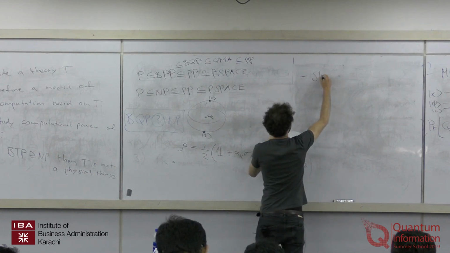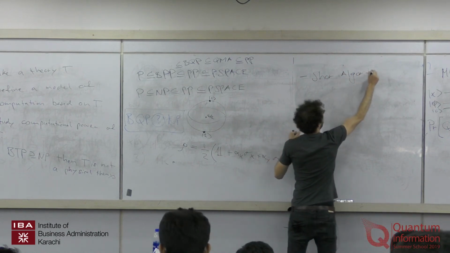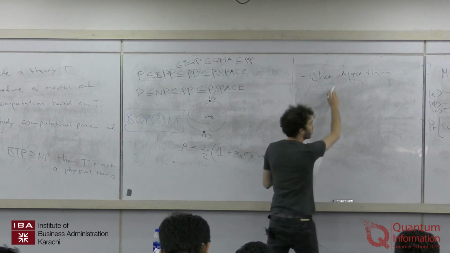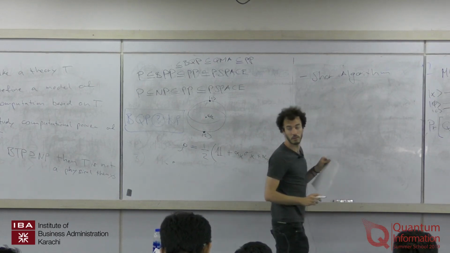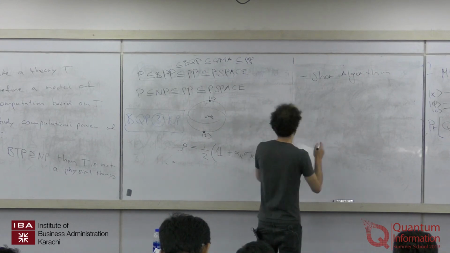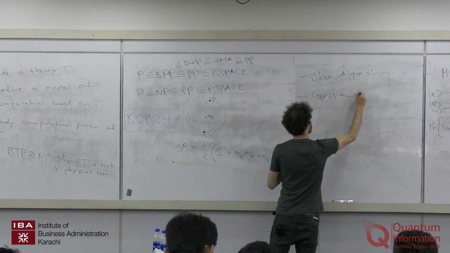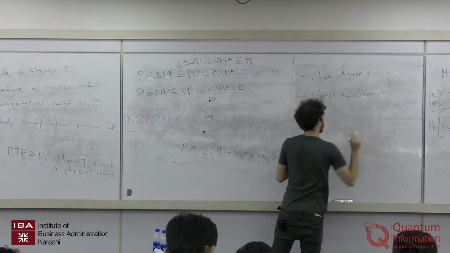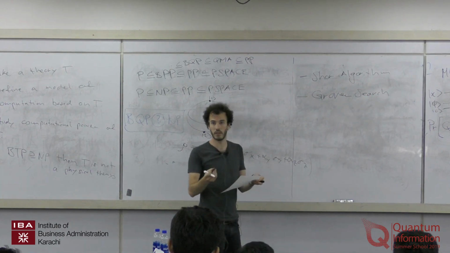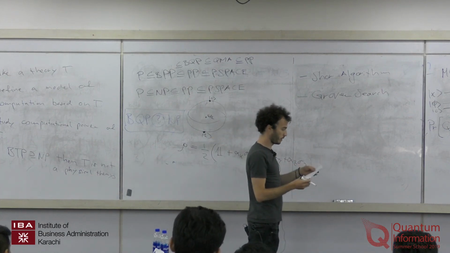There's the Shor algorithm, which factorizes numbers into prime factors efficiently with a quantum computer. Then there's Grover's algorithm, or Grover's search. This helps to find an element in an unstructured database with a quadratic speedup compared to classical algorithms.